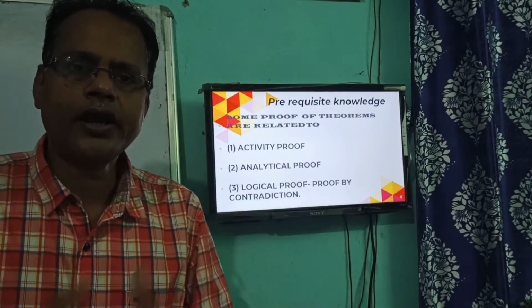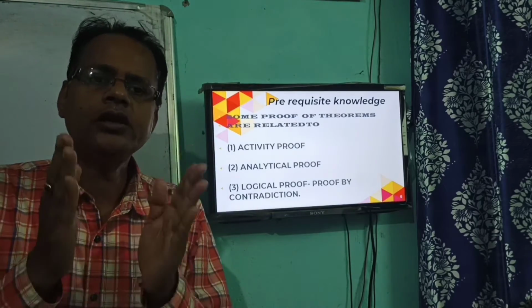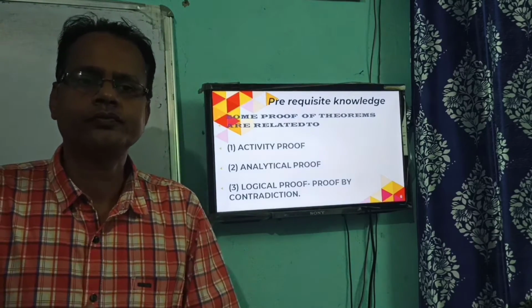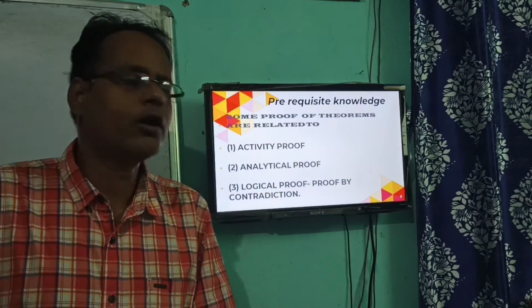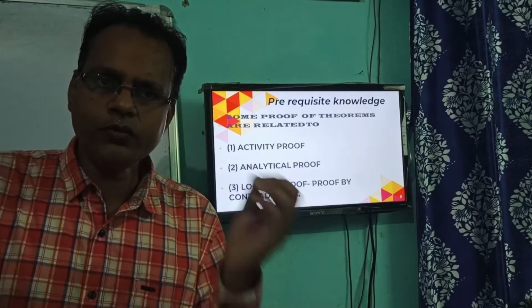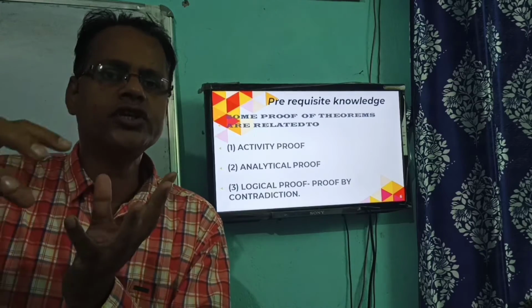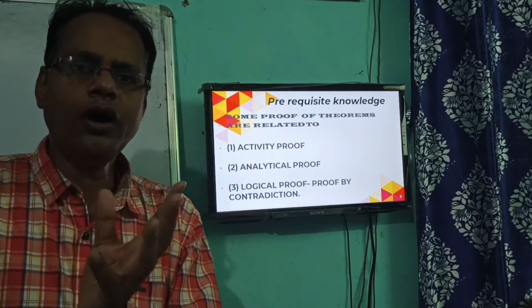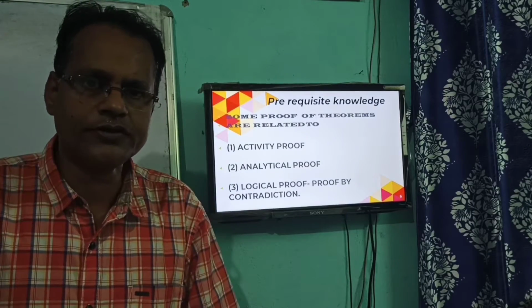When you go to higher classes, many of the mathematical concepts you will deal with are logical proofs. I can cite one of the logical proofs, that is the method of induction, or here it is written proof by reduction. Logical proofs are sometimes used for proving mathematical concepts.